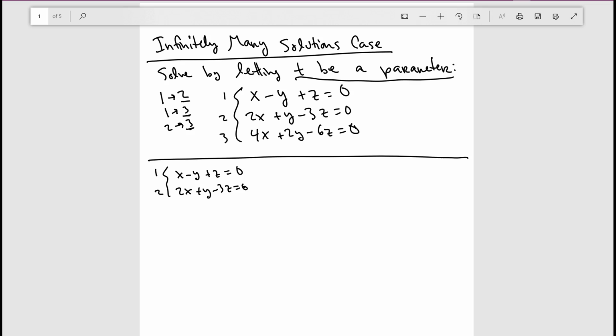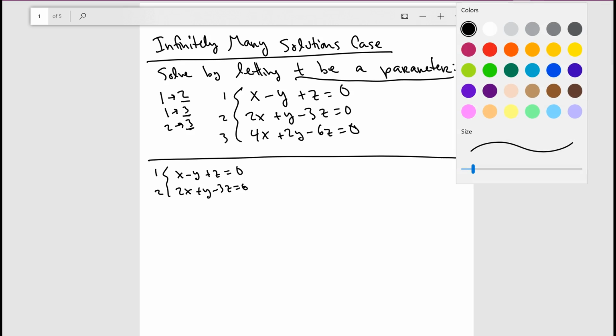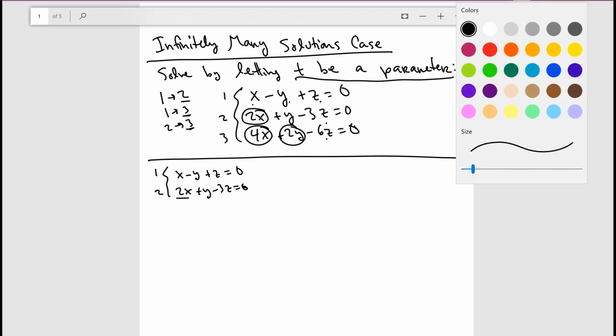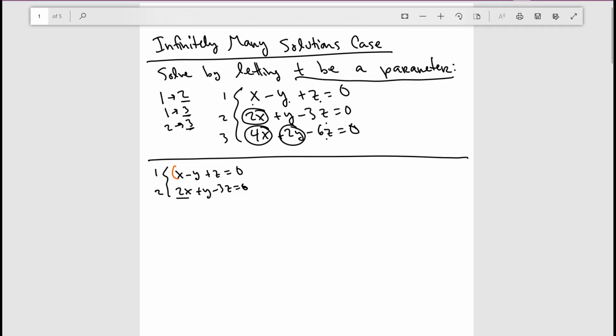Okay, so now let's go ahead and solve this problem. Let's remember that we want to eliminate this one and this one, so that we have 3 variables on top, 2 variables in the middle, and then 1 at the end. So we want to get rid of this 2x, so we're going to multiply the top by a negative 2.